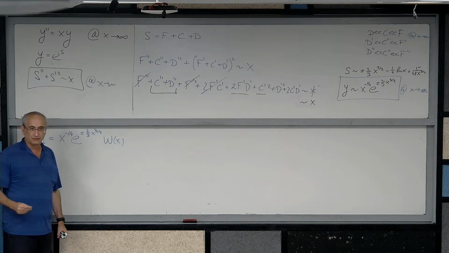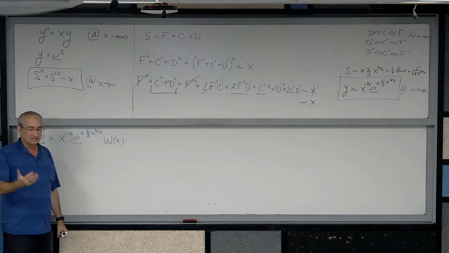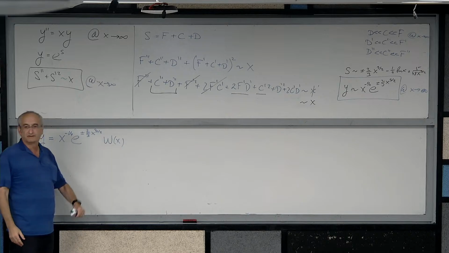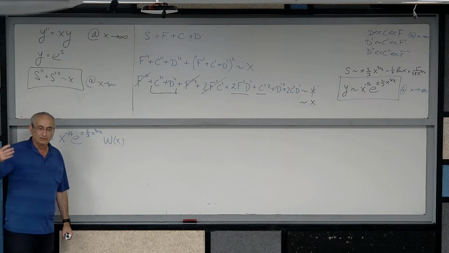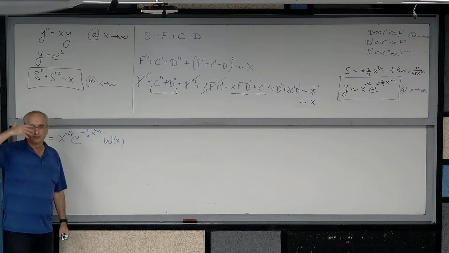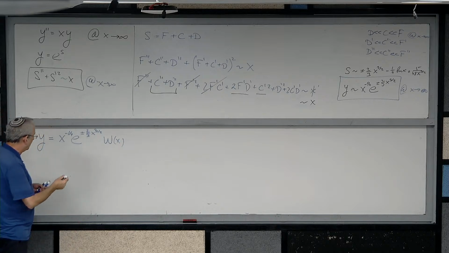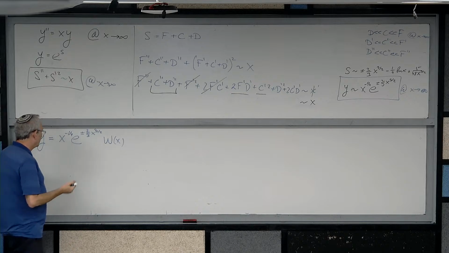So what I would like to do is exactly what we did last lecture close to 0. I want to do the expansion close to infinity with an infinite series, and I will use this series to explain what is going on at infinity, or how to use such a series.